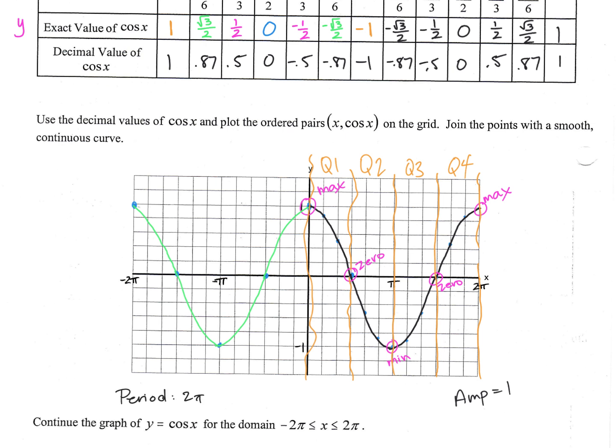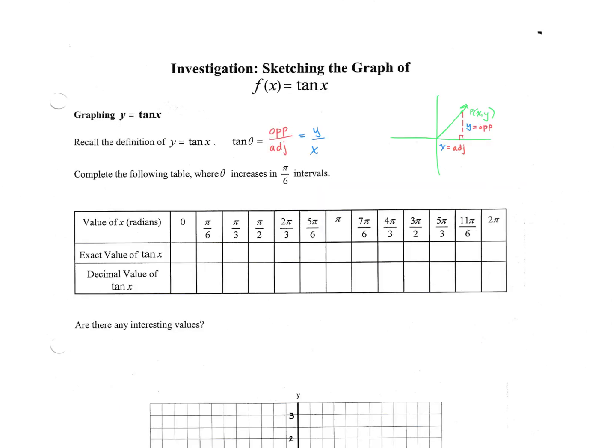So it takes 2 pi units to go through a full rotation. So for our tan curve, I'm going to have you think about it in a couple of different ways to see which way helps with your understanding. If we were to come up with these values, I want you to think about tan as opposite over adjacent.